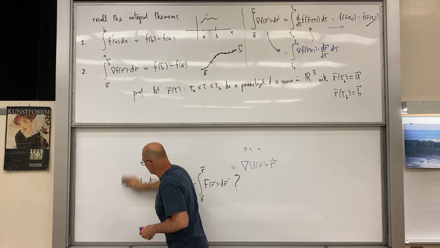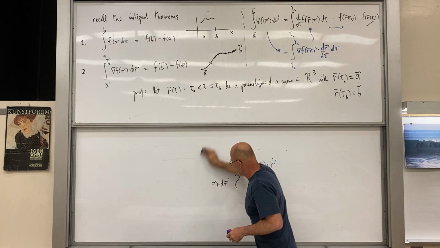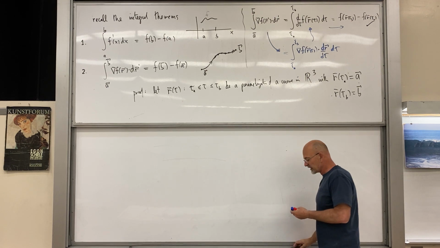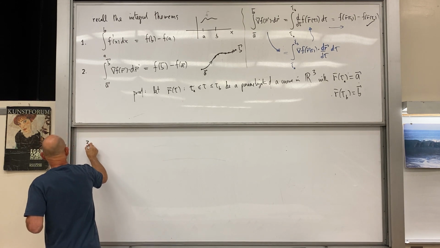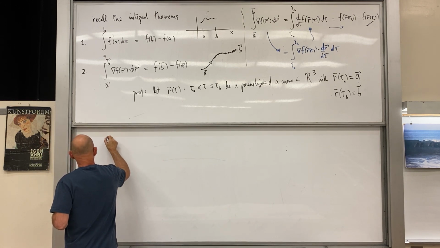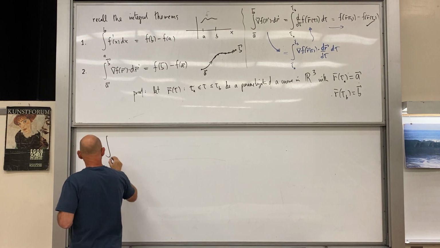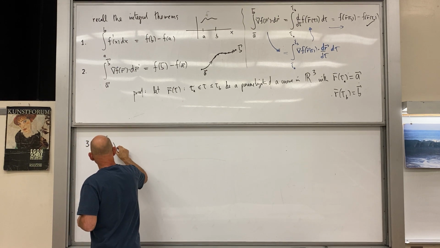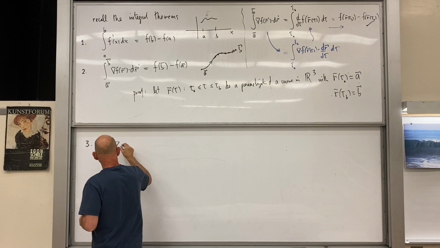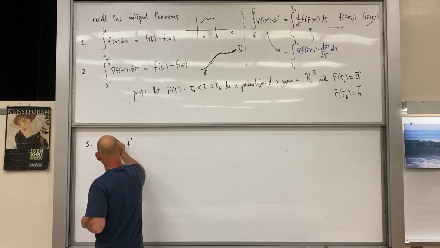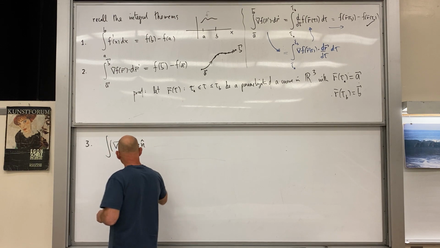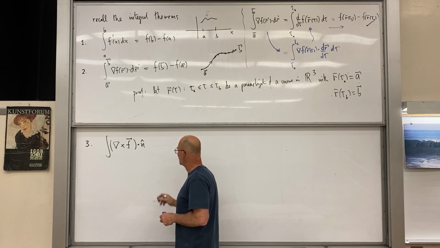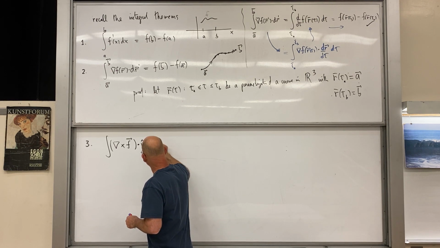The third one we're going to do is the Stokes Theorem. So 3, we're going to say the integral of the curl of a vector f dotted into a surface normal area.